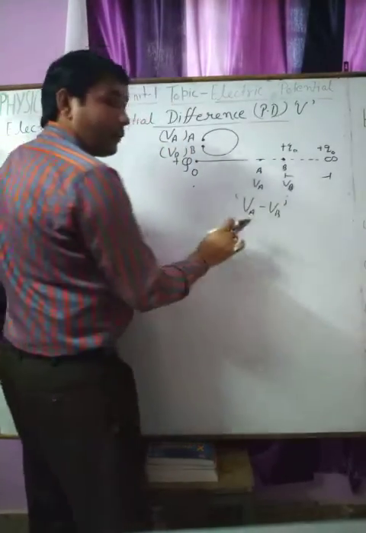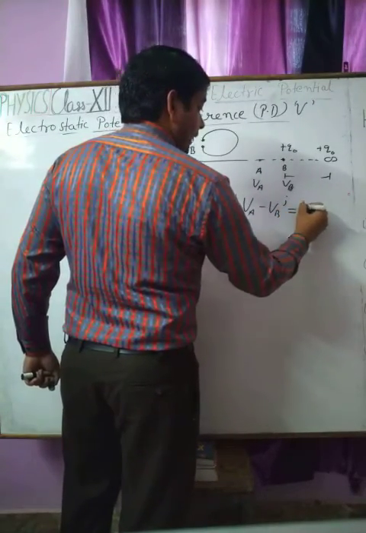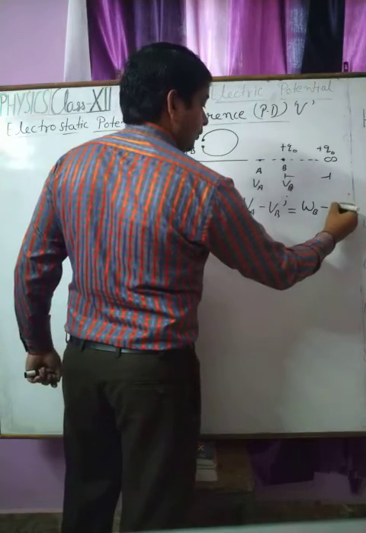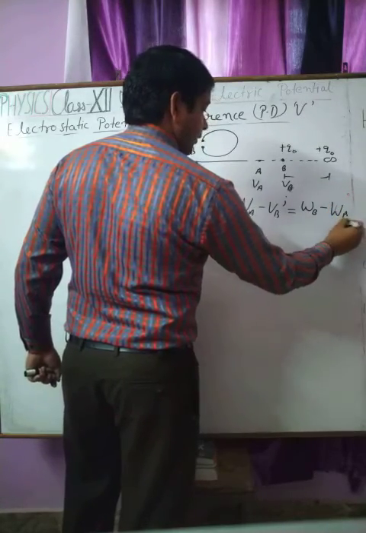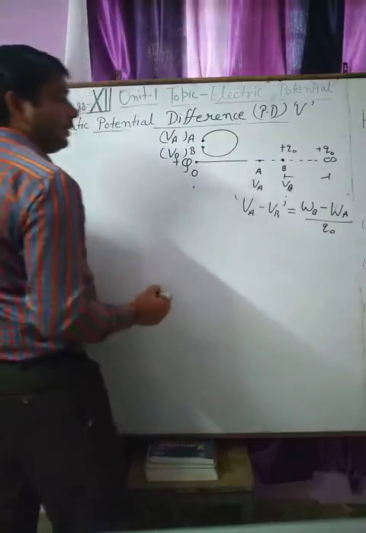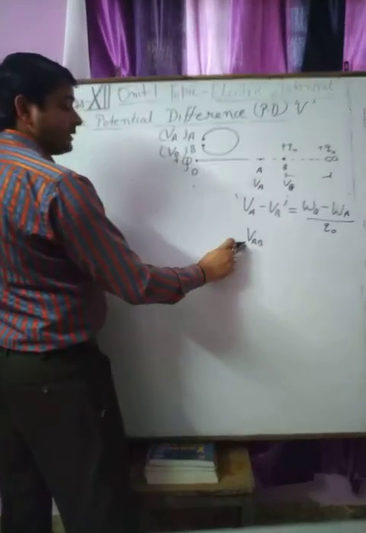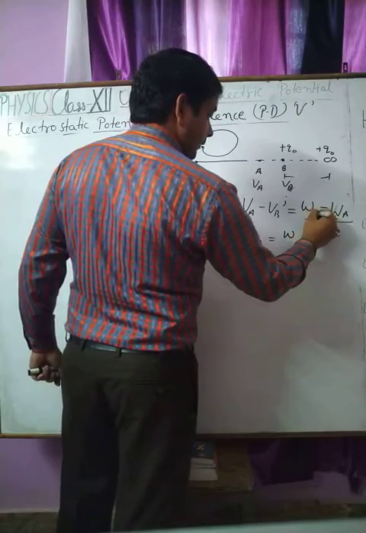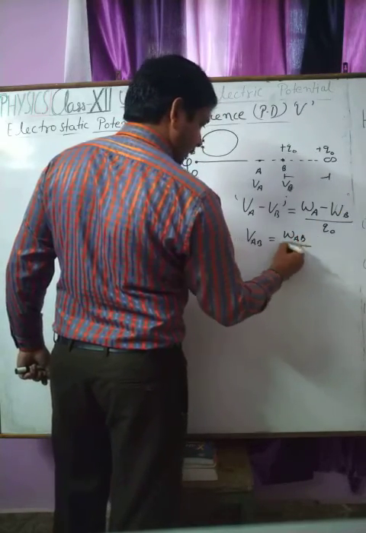Therefore, the potential difference VA minus VB is equal to the work done from B to A on the test charge Q. So the potential difference across the points AB is equal to WAB upon Q naught.